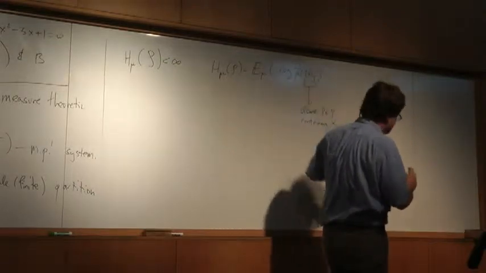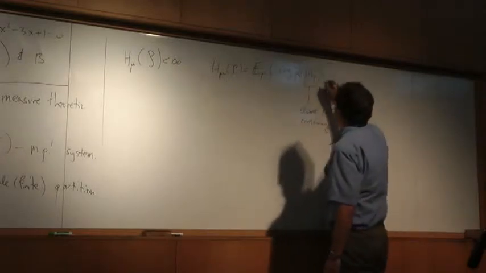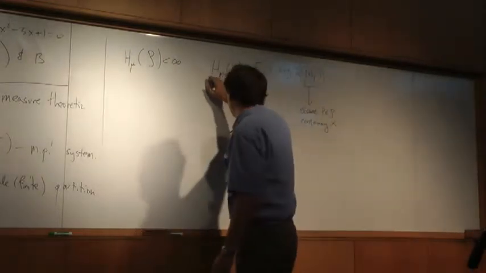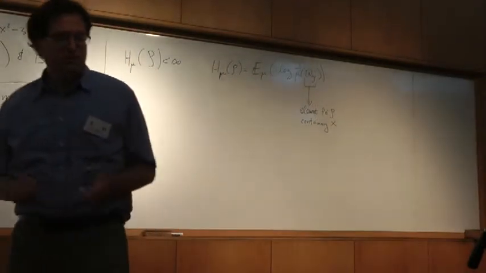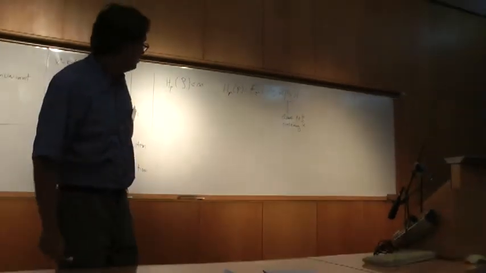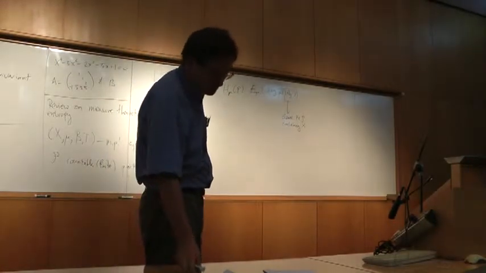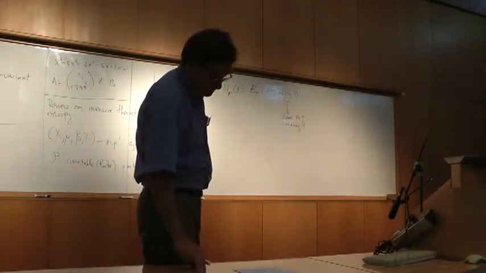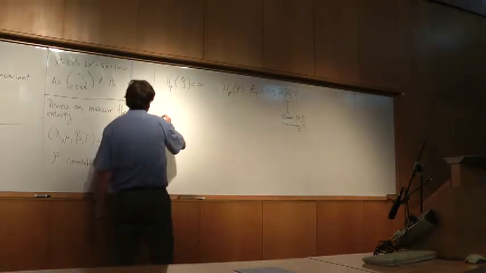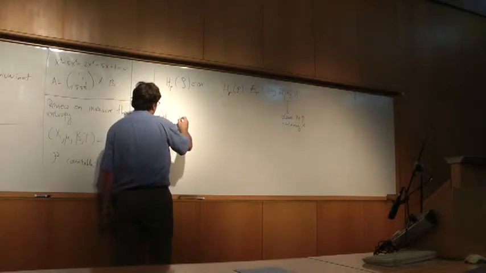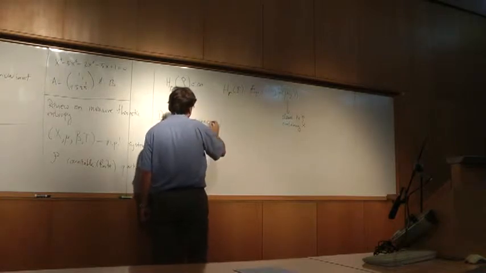Some people denote this as P of x, but this would be a reasonable way of denoting it, and this is the entropy of the partition. It's of course equal to the usual definition, the summation of p_i log 1 over p_i, but this is maybe a nicer way to look at it. So this is the kind of partition we look at. Definition: P is a generating partition.